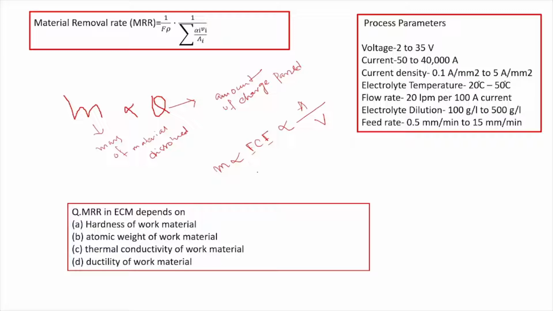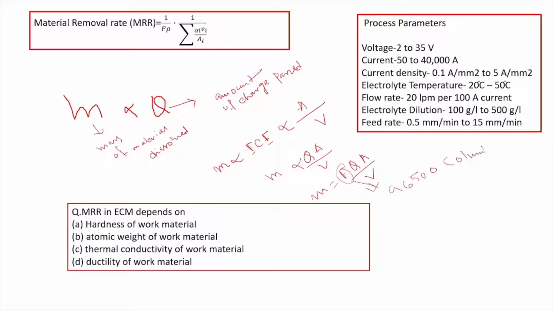By combining both of the laws, we can write M is proportional to Q into A by V. If F is the Faraday constant, we can write it as M equals QA divided by FV, where F is Faraday's constant, which is 96,500 coulomb.